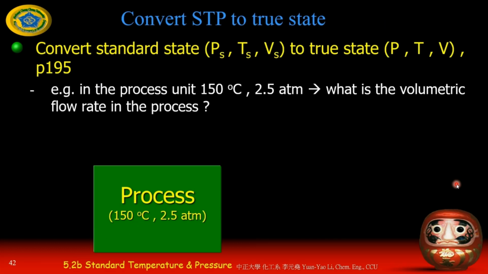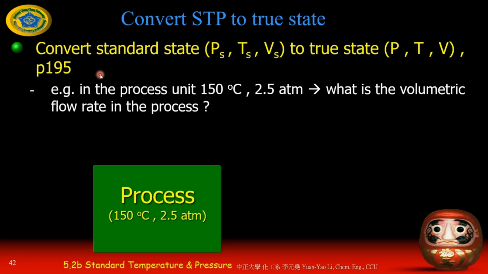Right. And the next one is a kind of challenging one. I want you to realize why we need to use standard temperature and pressure. That's because we have some problems with measurements in some rigid conditions. So this is called converting standard states, PTV, to true states, PTV, in page 195.